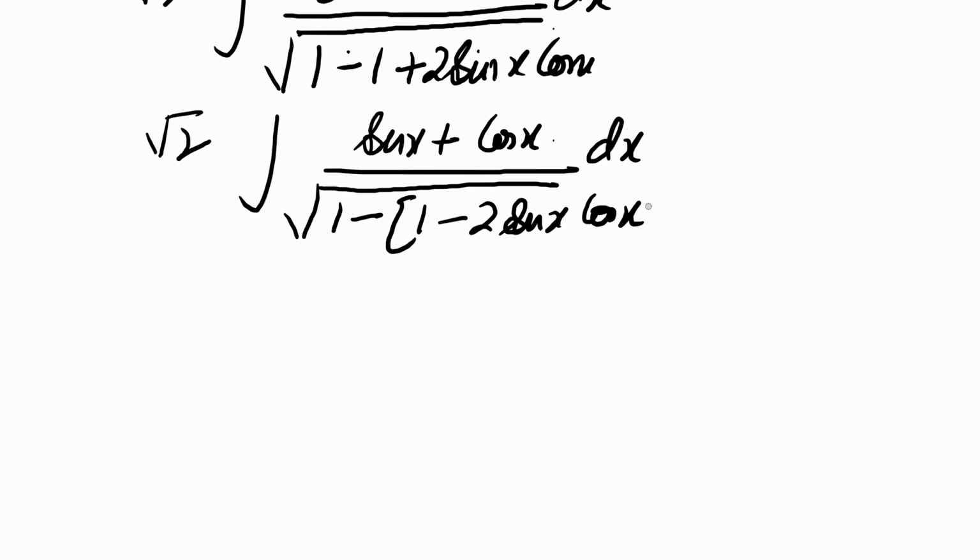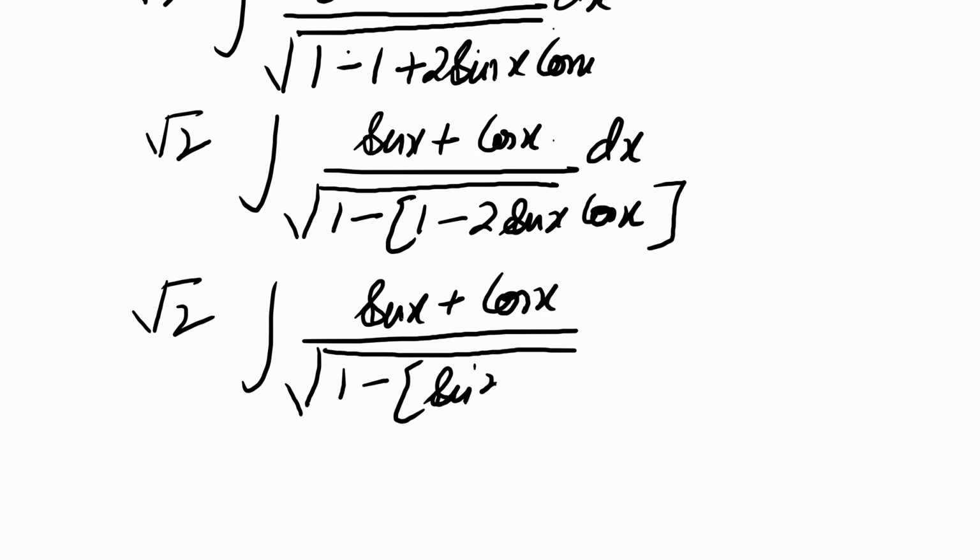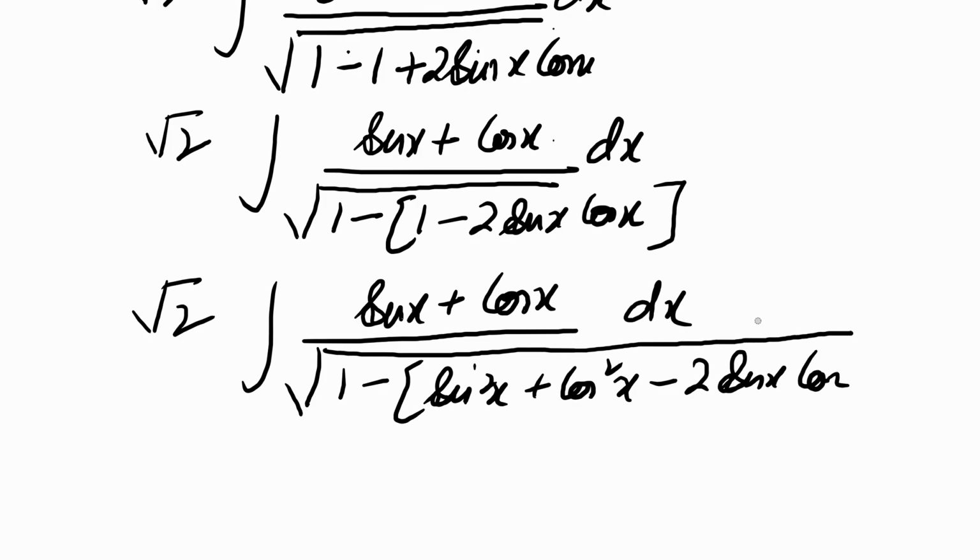Then what will we do? We can write 1 as sin square x plus cos square x, so sin x plus cos x under root 1 minus sin square x plus cos square x minus 2 sin x cos x, all under the root, and then we have dx.